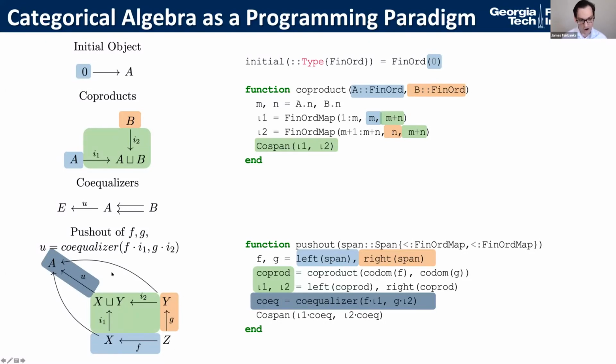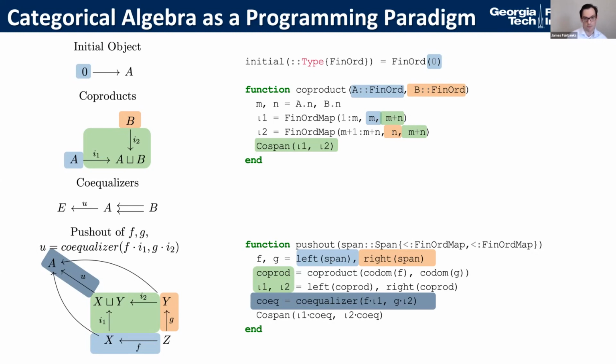And so just reading off the definition of the universal property of coproduct tells you, okay, the morphism I'm looking for, U, is the coequalizer of these composites. And so you can just read right off the diagram what the code should be. So in any instance that supports coproducts and coequalizers, you have this totally generic implementation of pushout.